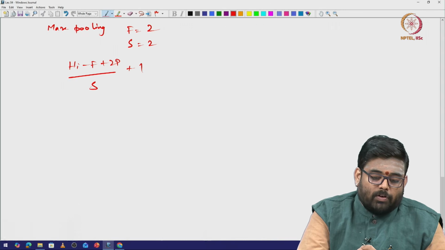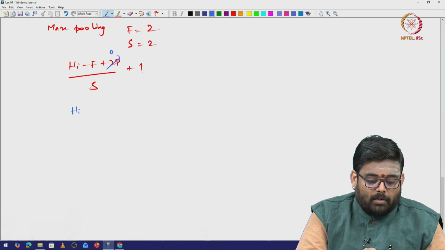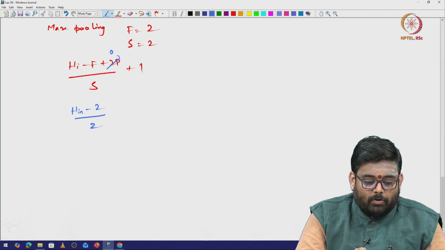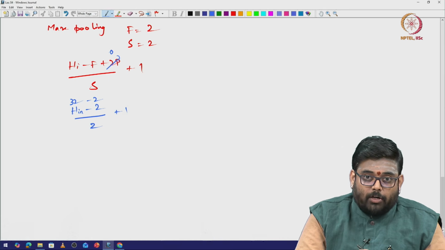Now there is no padding, so that will be 0. So this is H in minus 2 divided by 2 plus 1. If this is 32, 32 minus 2 is 30, 30 divided by 2 is 15, 15 plus 1 will be 16.